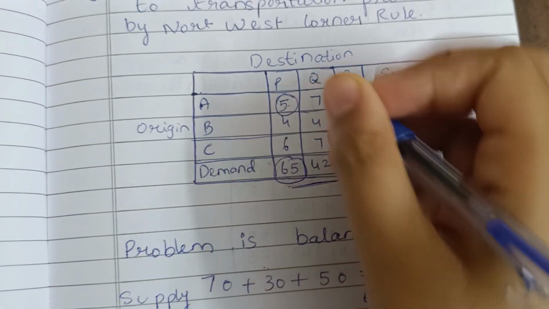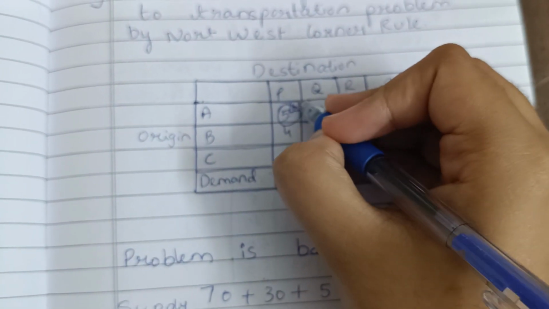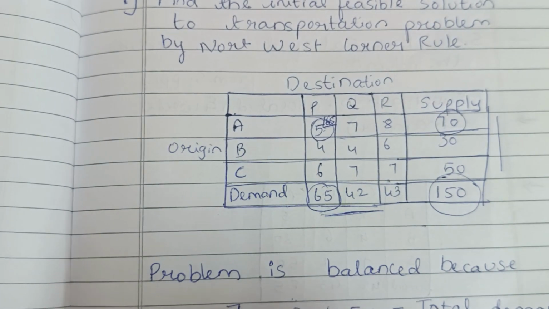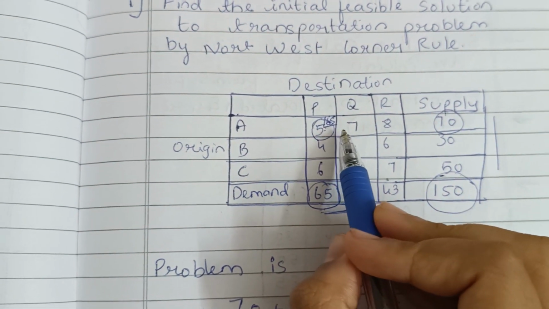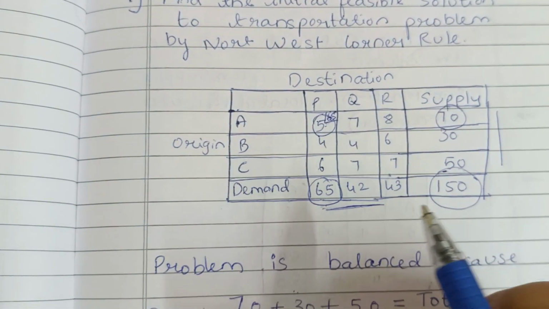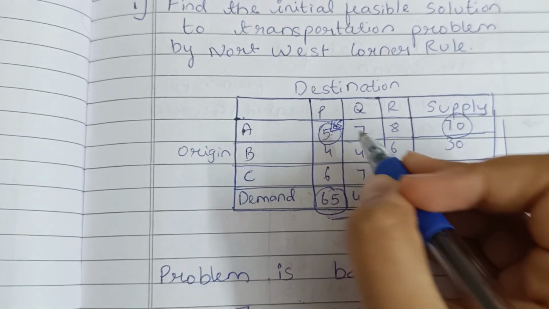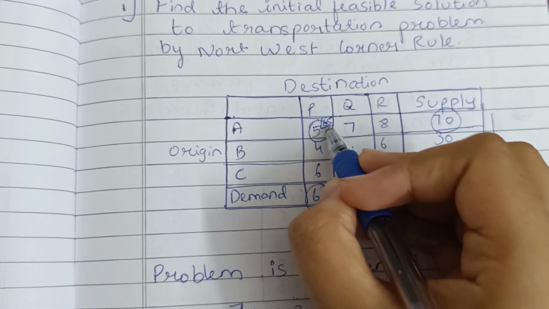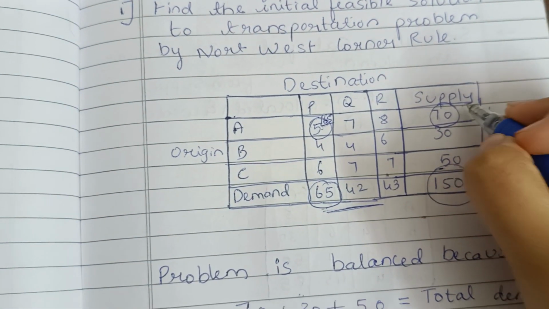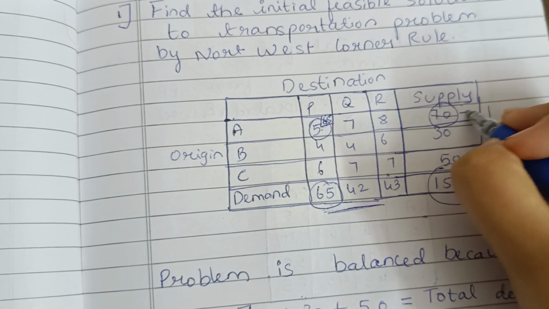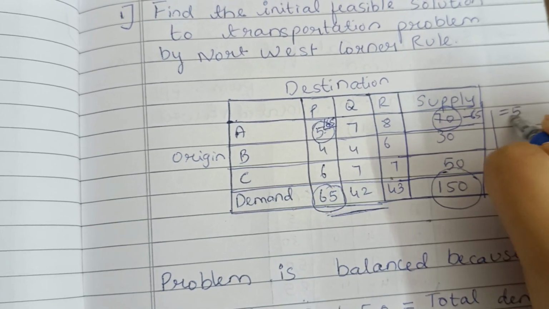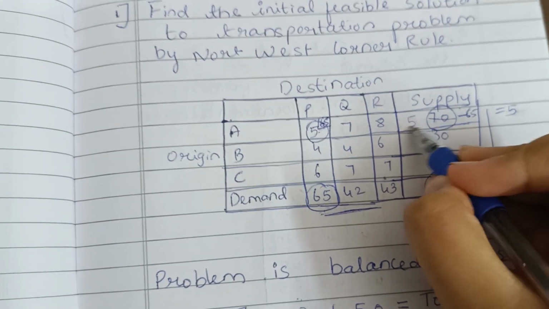So 65 is allocated here. Then we subtract this 65 here, which becomes 5. So now this becomes 5.